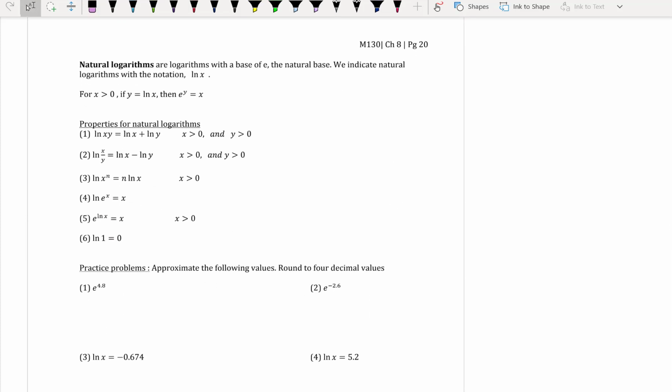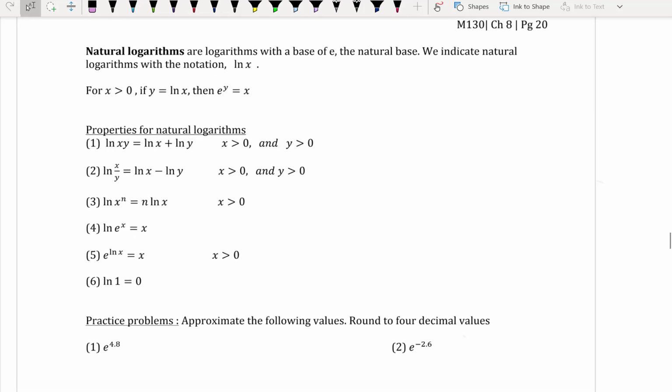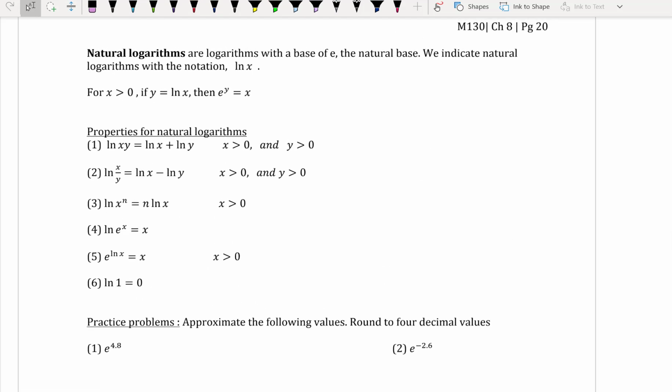Now, we've already mentioned natural logarithms, but we can go ahead and mention them again in more detail. It's a log with a base of e, that number that we represented. It's similar to pi in the fact that it's never ending, never repeating.